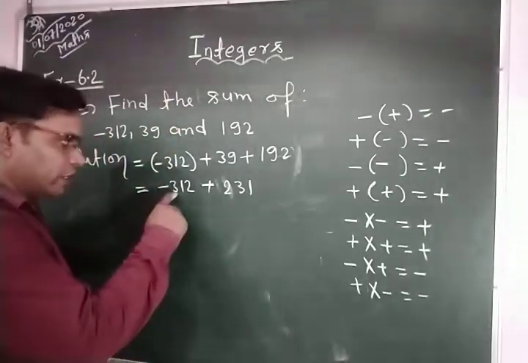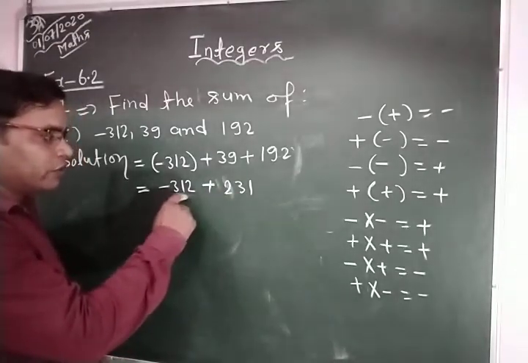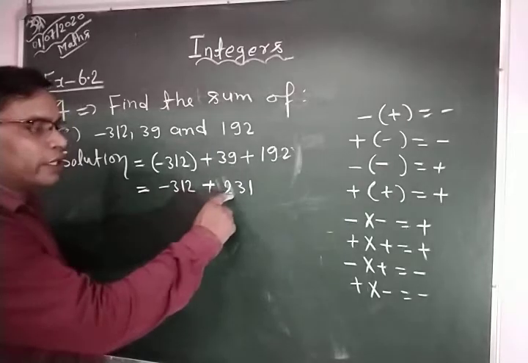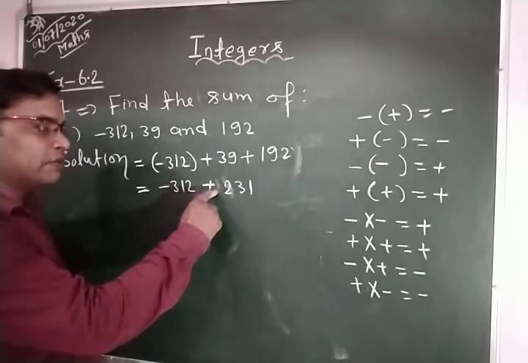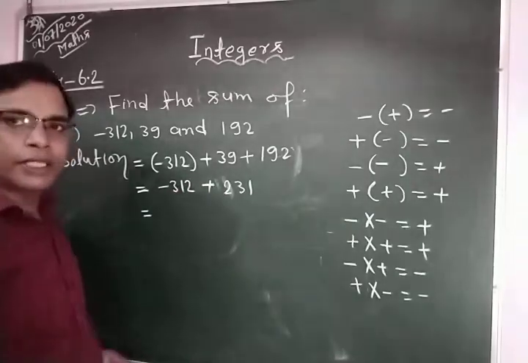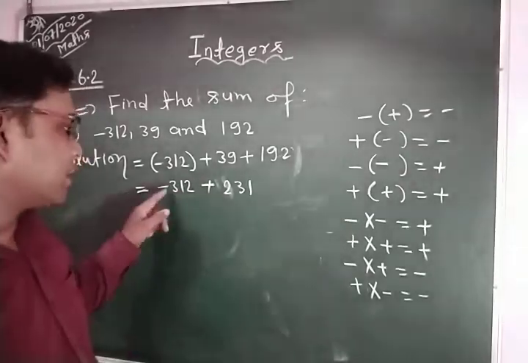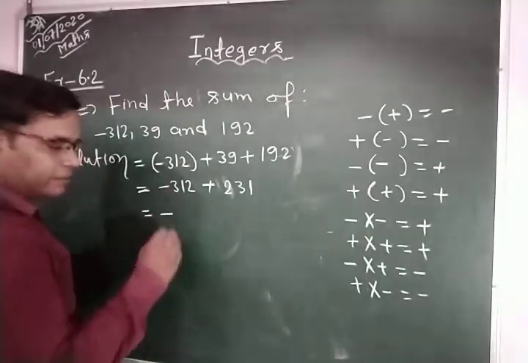So you can see 312 and 231. It means 312 is greater than 231. So 231 is subtracted from 312, and we use the sign of the greater number. The sign of the greater number is minus. So we write minus here.